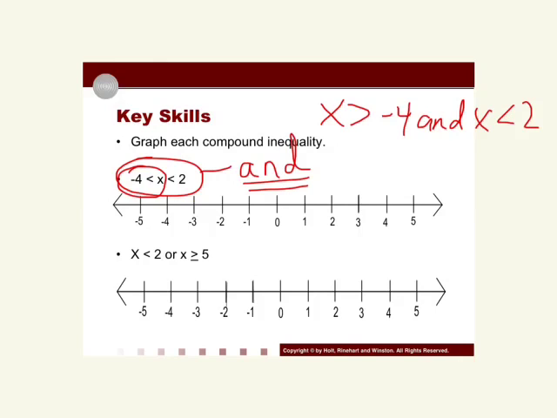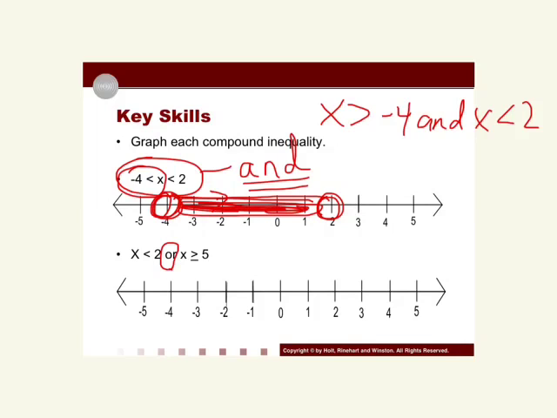And so when we go to graph that, we have negative 4, open, greater than, and less than 2, open. And so where they overlap, my solution is the numbers between negative 4 and 2.